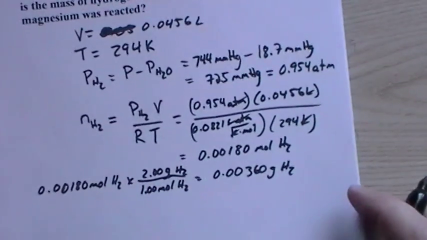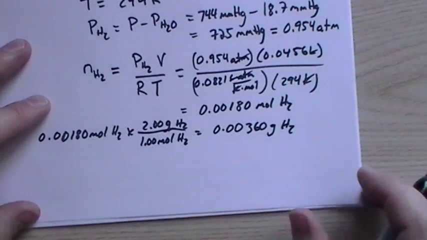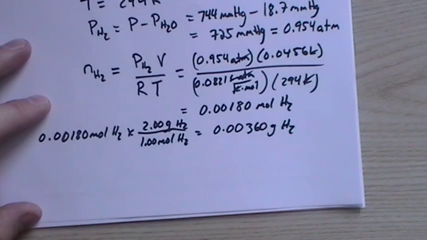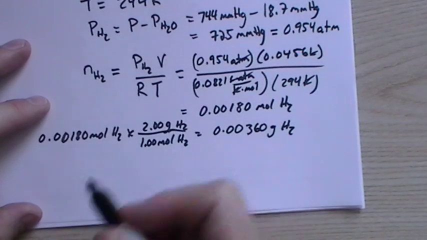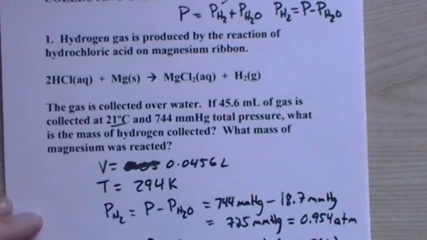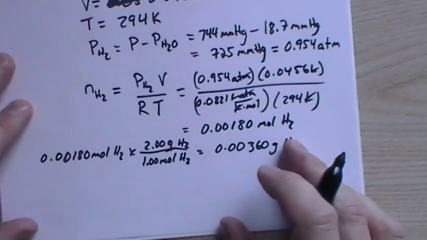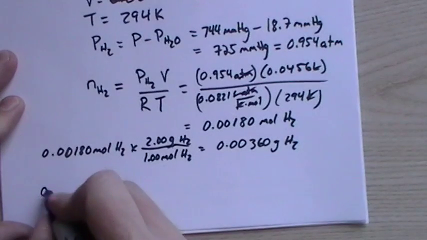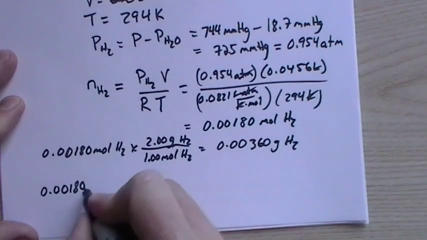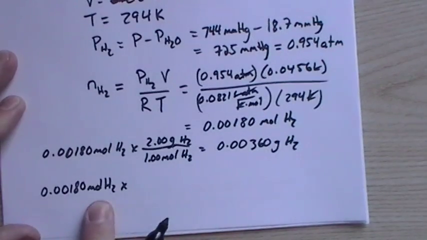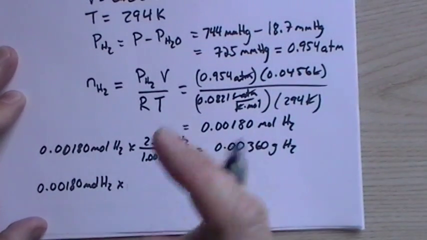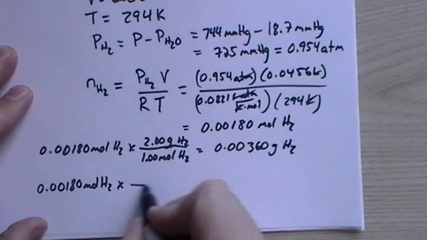Okay, and then they want to know the mass of magnesium collected. Very, very common, classic problem. Once you've determined the moles of hydrogen, you want to convert it to the mass of magnesium using this equation. So now it's a chapter 3 problem again. It'd be like if you were given this value, using that equation to find the mass of magnesium.